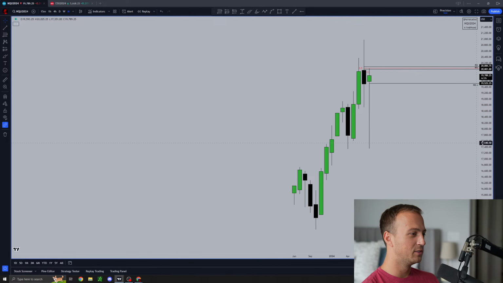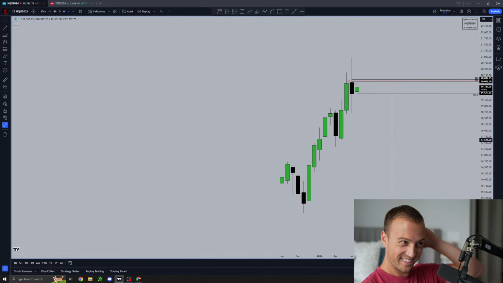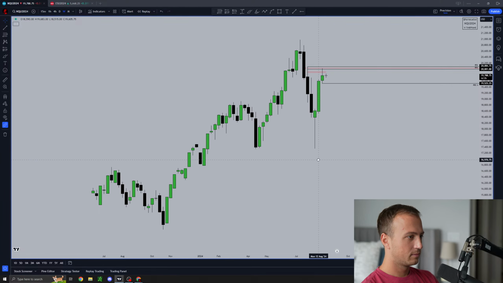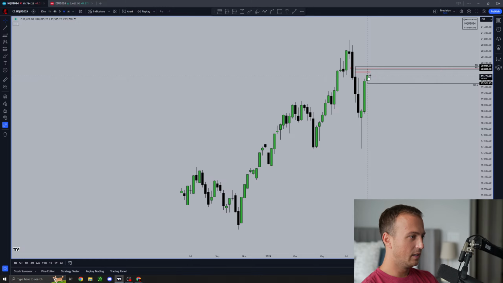Crazy monthly candle. Weekly. This is last week's price action here, and then this is this week's. We just opened up. So you have a weekly imbalance right here above this daily swing high.